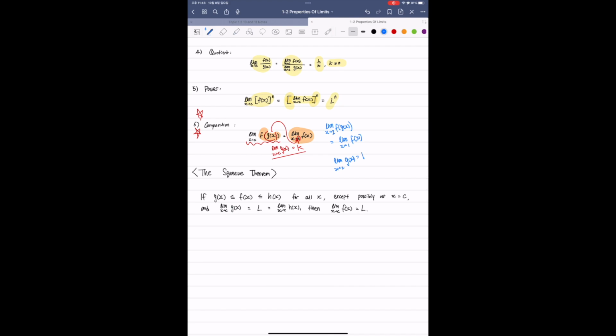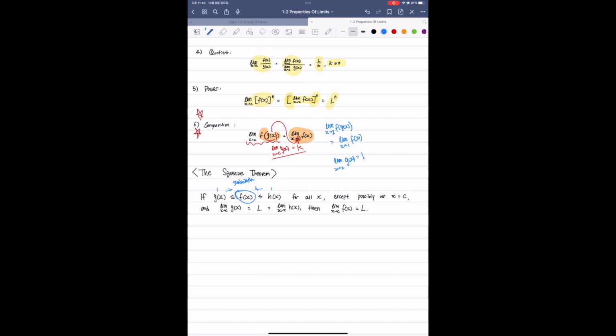This is also known as the sandwich theorem, because as you see, the function that you want to find out about is in between these two other functions, so that the actual function that you're going to find is squeezed in between.